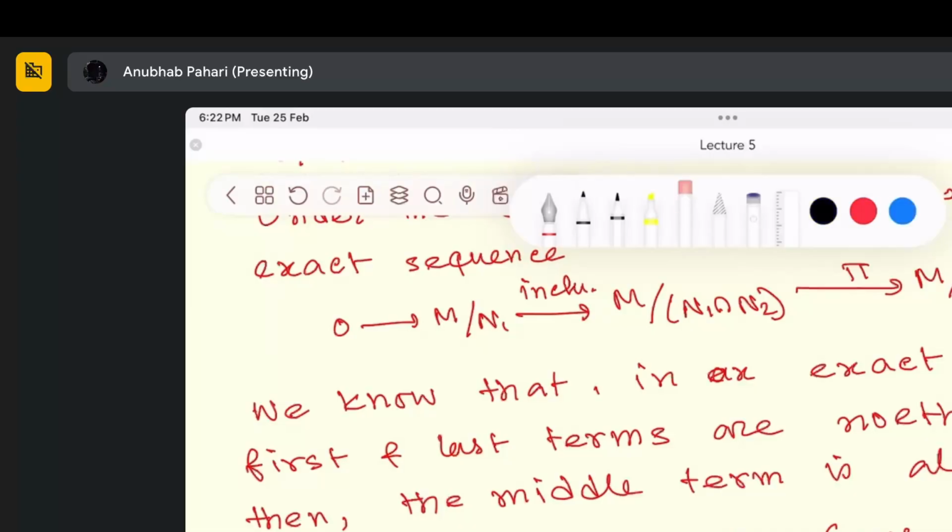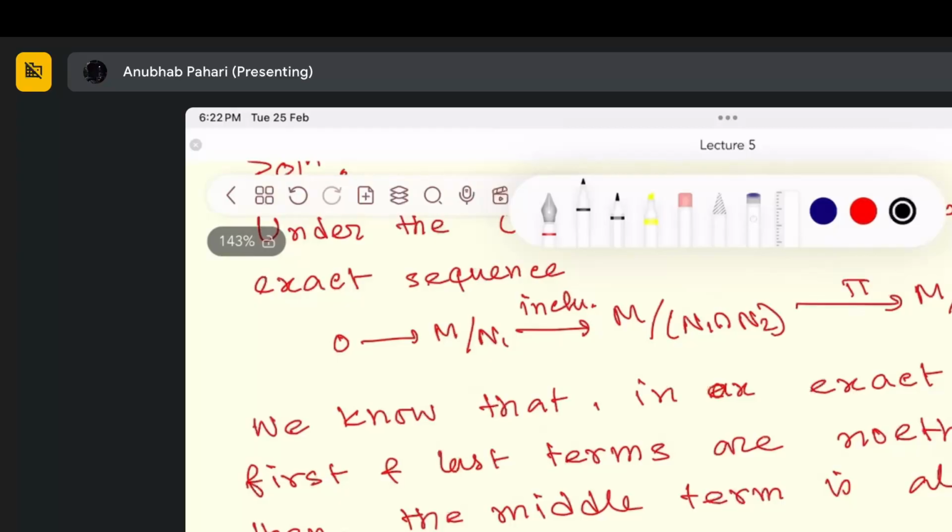I will introduce some definitions, and then we'll be proving an important result, that is a theorem.